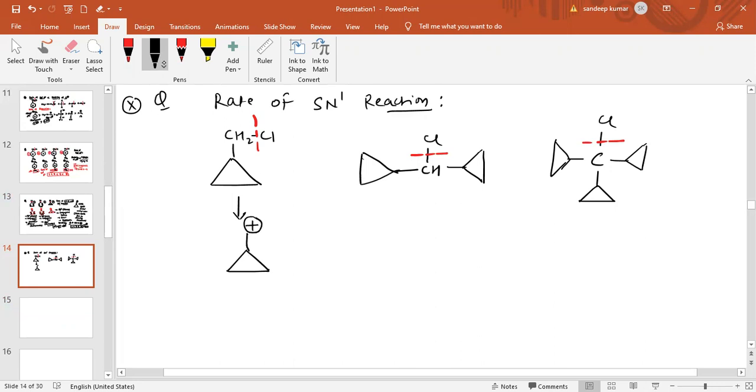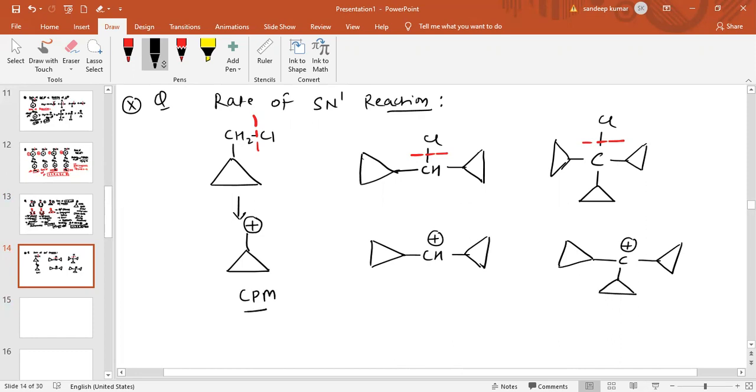In this case also, the carbocation obtained is CH having a positive charge, and there is also a ring. In this case also, this carbon bears a positive charge. So we can see this is basically the cyclopropyl methyl cation.